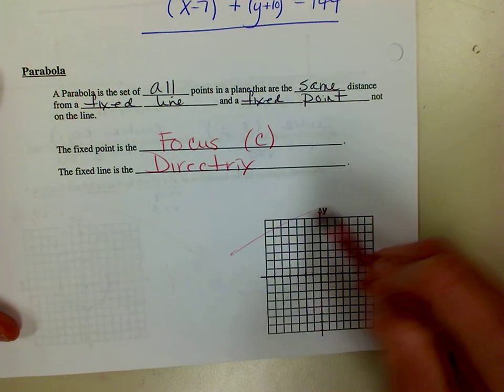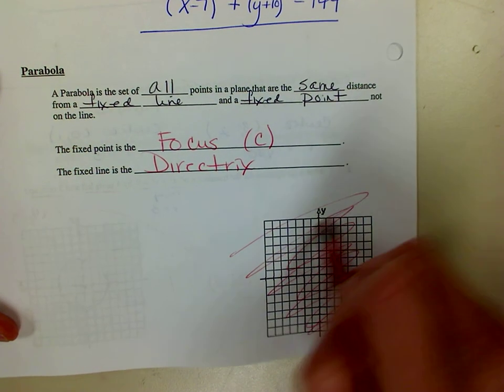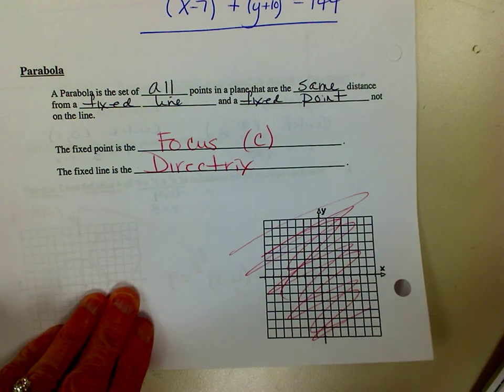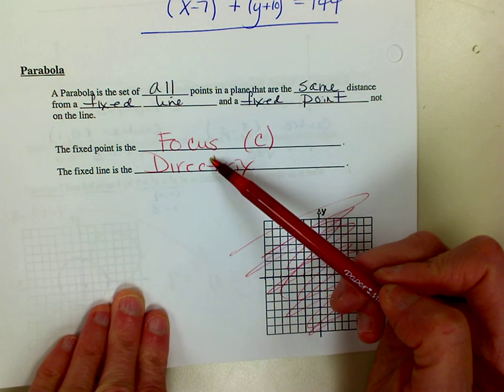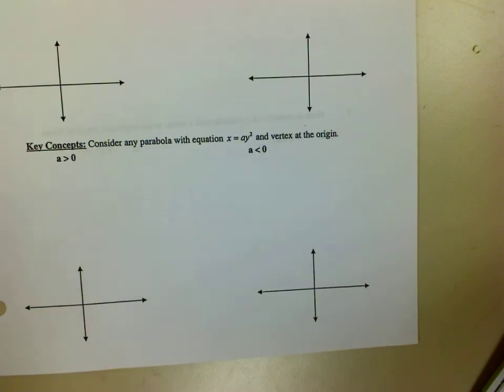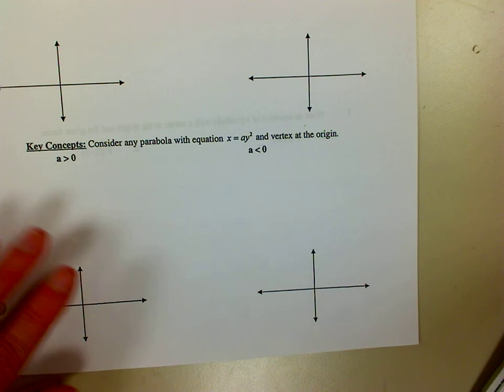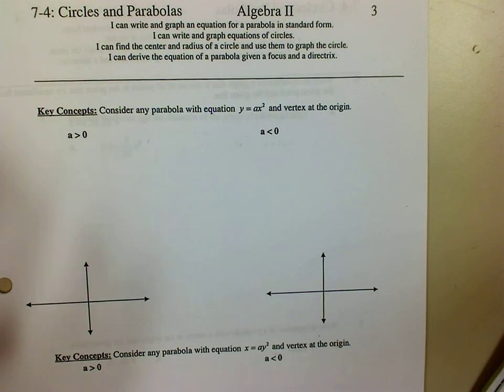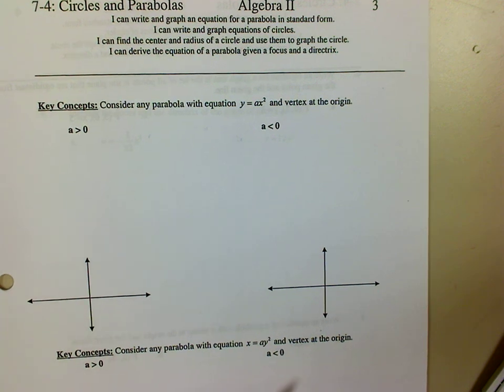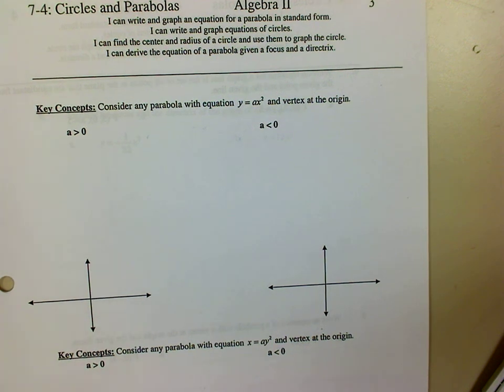I don't know why that's there. I was going to put an example there, I guess, but we have examples on the back, so I can just skip that. We're going to elaborate on this when we get to some examples. Okay, there are 4 different kinds of scenarios when you're talking about the focus and the directrix. So first I'm going to write down an example.